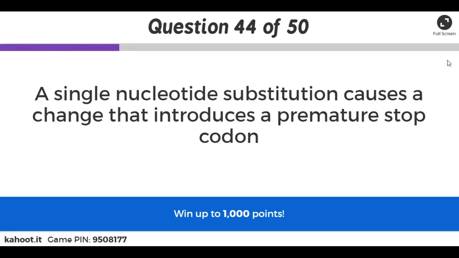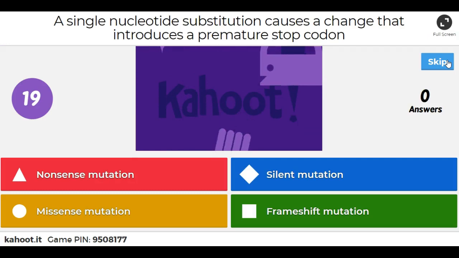A single nucleotide substitution causes a change that introduces a premature stop codon.